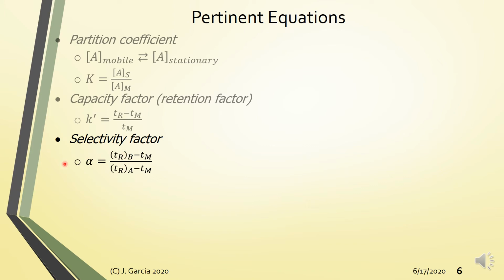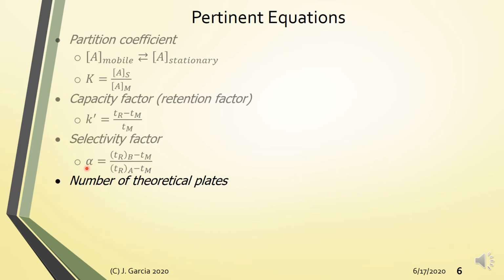Because of this, alpha has a value of 1 or greater than 1. When your alpha is equal to 1, it means there is no separation between the two solute peaks. So the greater the alpha, the greater the separation between these two adjacent peaks, which is better.